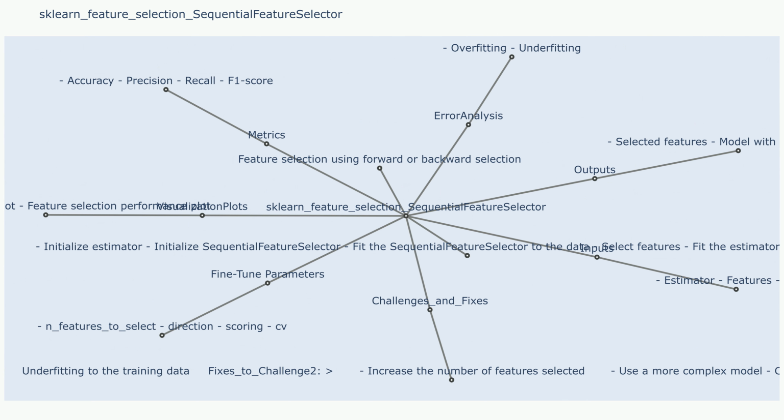Fixes. Use other feature importance methods, e.g., permutation importance, SHAP values, to complement the feature selection results. Consider using a feature selection method that is based on feature importance instead of performance improvement.